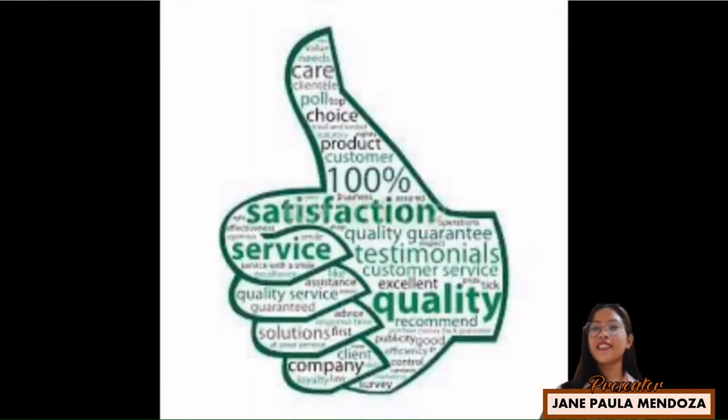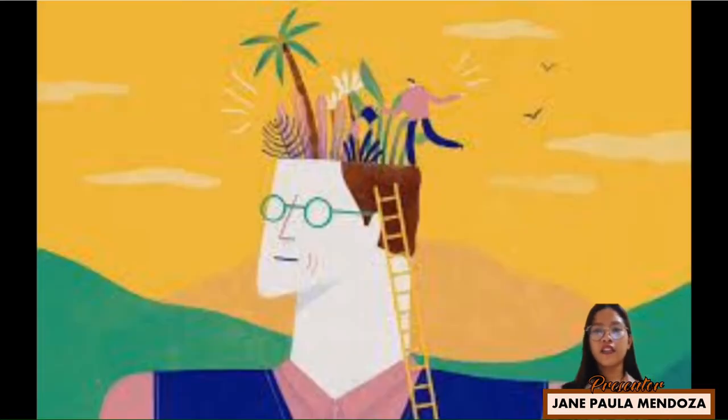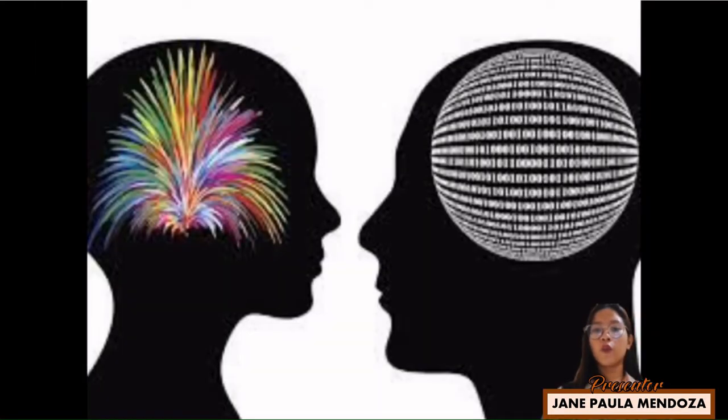The next gap is the translation of perceptions into service quality that leads to the gap between the perceptions and the actual service that people deliver. For the final gap, the gap between what you say to create in the mind of the customers, and the gap between what they expect and what they perceive of the service.